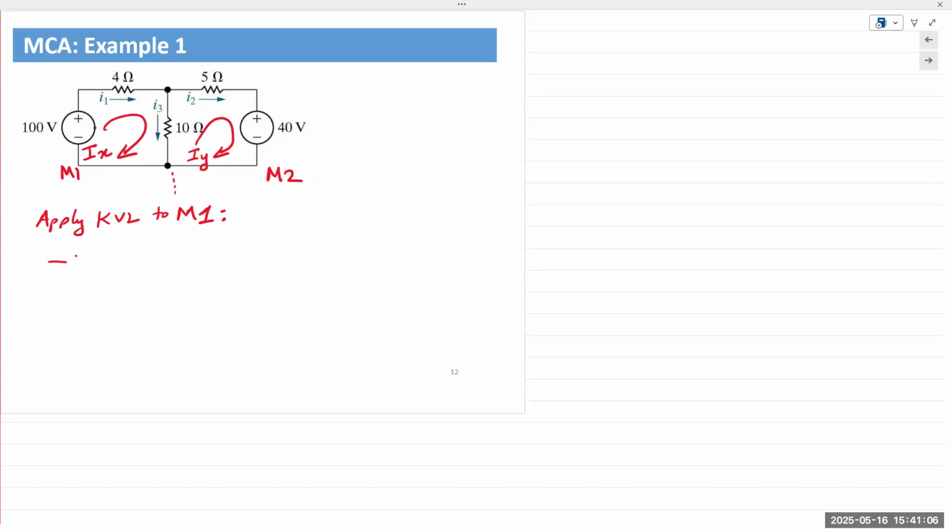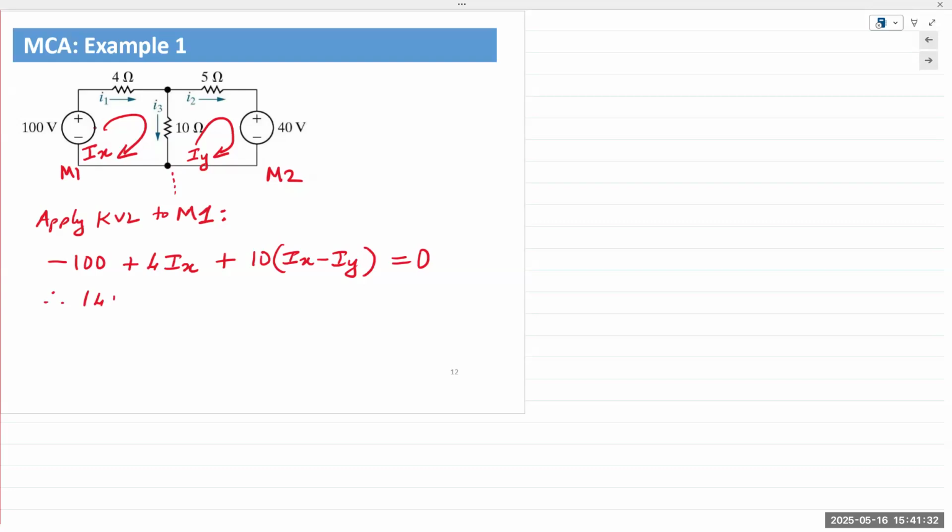So I'm going to write KVL according to the technique. Yeah, 100 volts plus 4 times IX plus 10 times (IX minus IY) is equal to 0.